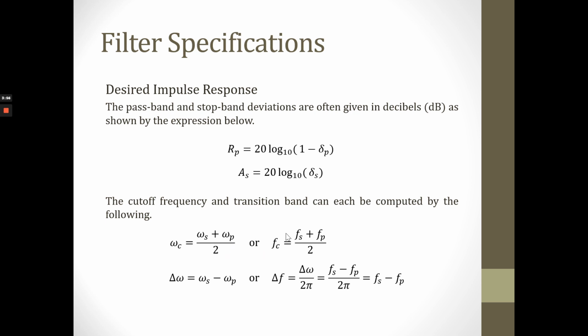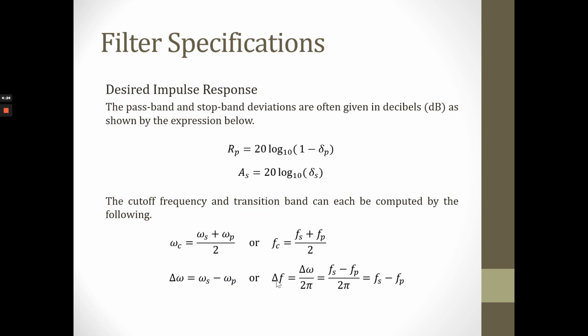Otherwise, we can determine it in terms of Fc, which is equal to Fs, the stop band frequency, plus Fp, the passband frequency, divided by 2. And the transition band can be computed using this equation: delta omega equal to omega s, the stop band cutoff frequency, minus omega p, the passband cutoff frequency.